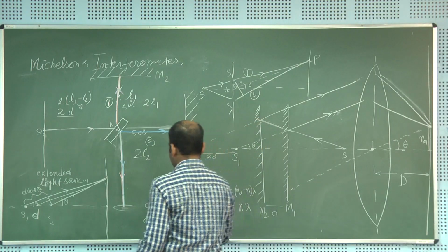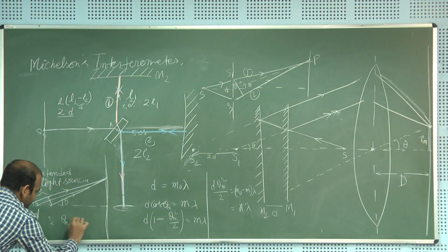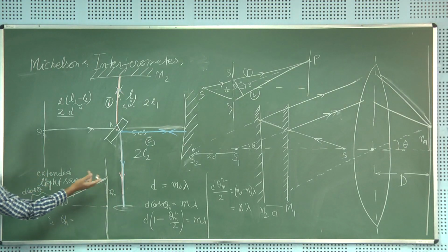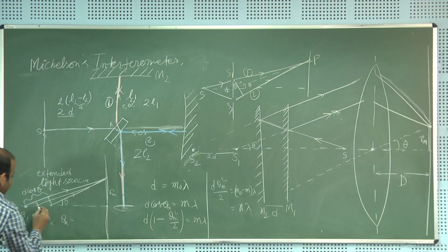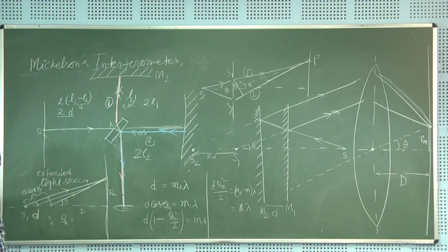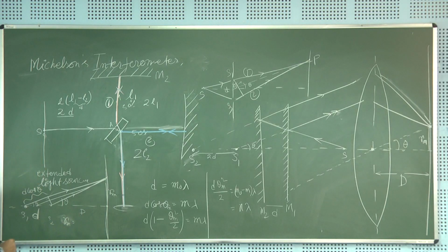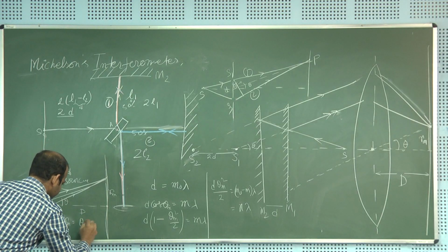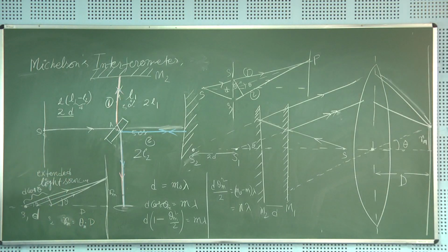However, theta m, let us say I call it r m, or r is the radius of the fringe, and if this distance is d, then r m would be theta m times d, right.